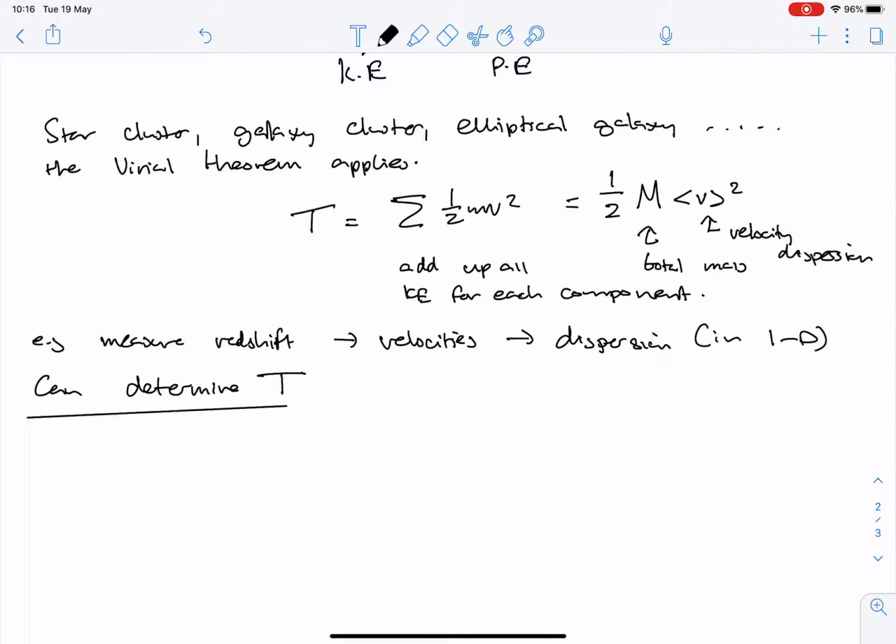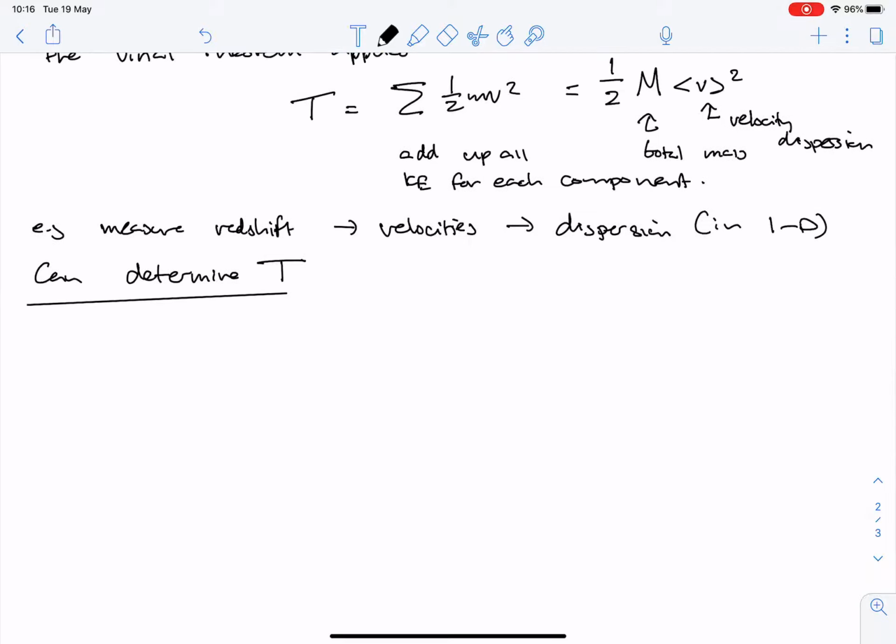Then I need to worry about what the potential is doing. So imagine I have some system, with lots of little stars in it. You've seen this sort of thing before. Don't really want to have to draw too many of them.